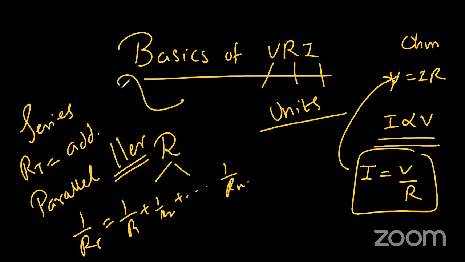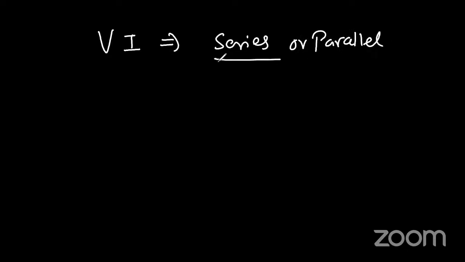Today we'll continue with series and parallel itself, but a little differently. So today we'll start with the VI part of series and parallel networks. What does that mean? Whether the circuit is series or parallel, in both circuits, what is the voltage of each resistor? If the circuit is series, it means it has at least two resistors connected in a continuous manner.